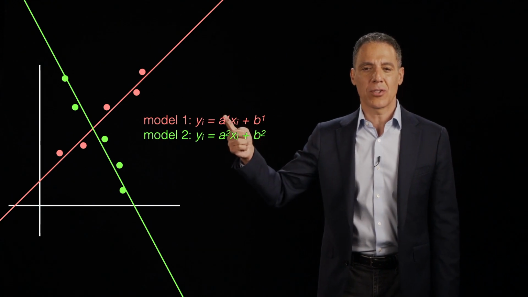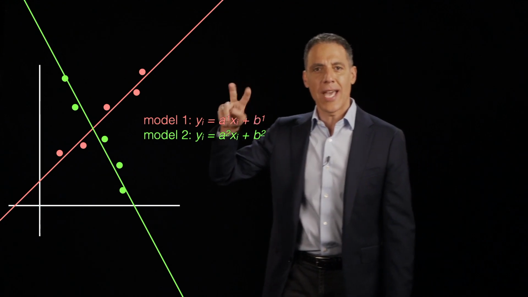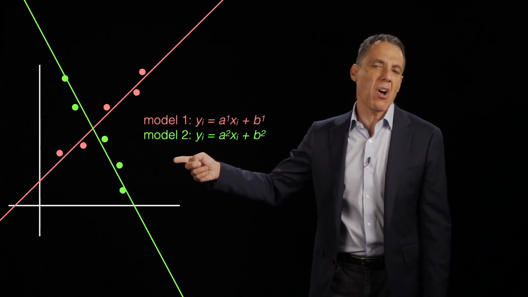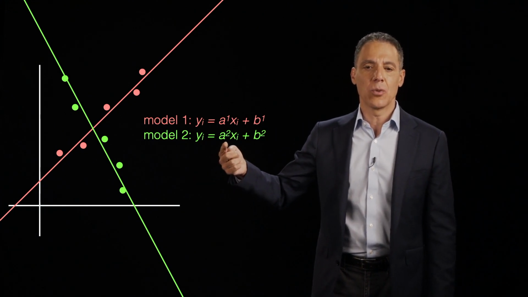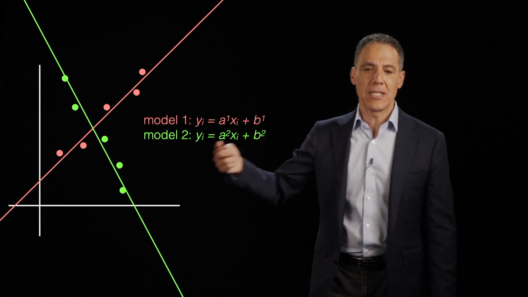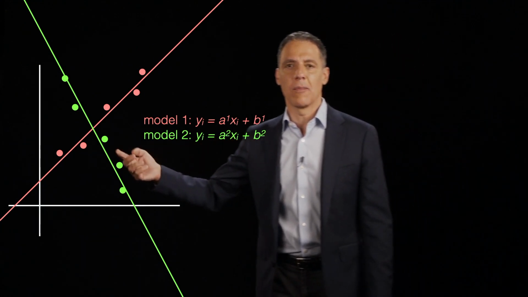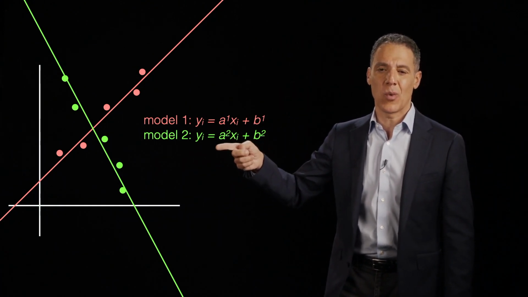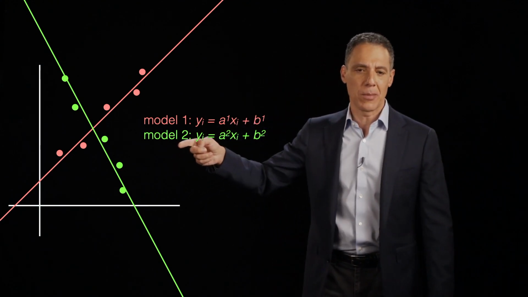And notice here I've put a superscript on the a and the b, the slope and the intercept, because I'm going to have two of them, one for the red line and one for the green line. And model 2 is also a line, although it didn't have to be. And y sub i is now a2 x sub i plus b2. Don't confuse that with a squared, by the way. That's just a superscript. And the reason I put a superscript here is we're eventually going to need a subscript here as well. I understand that the notation's a little clumsy, but it'll clean up in a little bit.